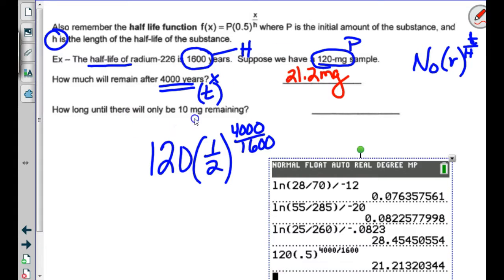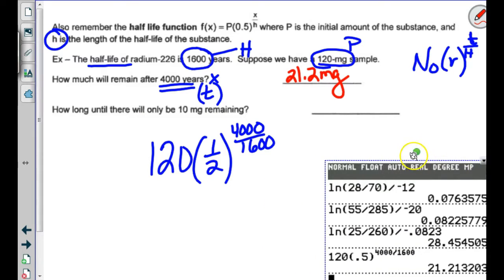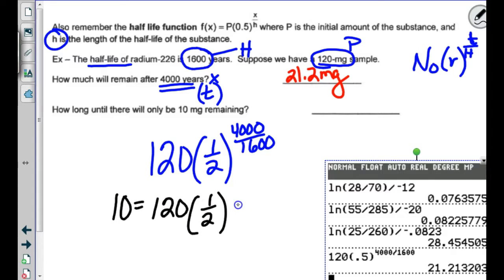How long until there will be only 10 milligrams? Now, you could solve this by graphing, but we're going to solve it algebraically. You have to solve it algebraically on the quiz at one point, so please stay with me here. We want this to get down to 10. If it started at 120, it's halving, but it's only halving every 1600 years, okay?